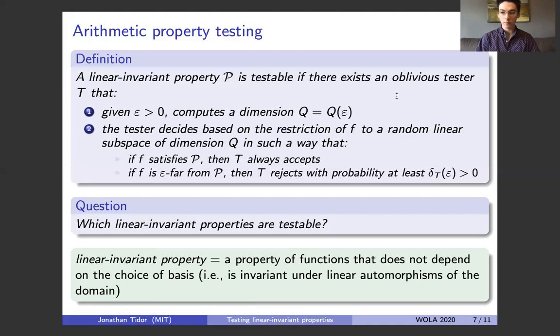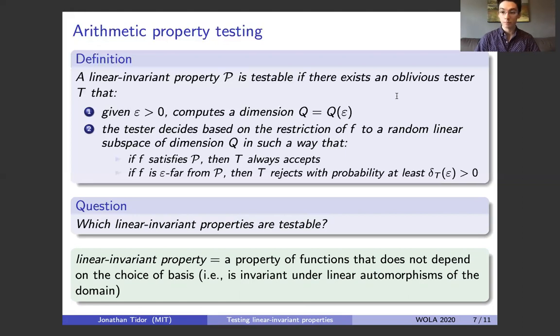So to give you an example to keep in mind, I'm going to describe a certain class of linear invariant properties. Consider all functions on F_p^2, the 2-dimensional vector space. You get to decide that some of these functions are good and some of these functions are bad. Then we define the property P to be the set of all functions where every two-dimensional restriction is good.